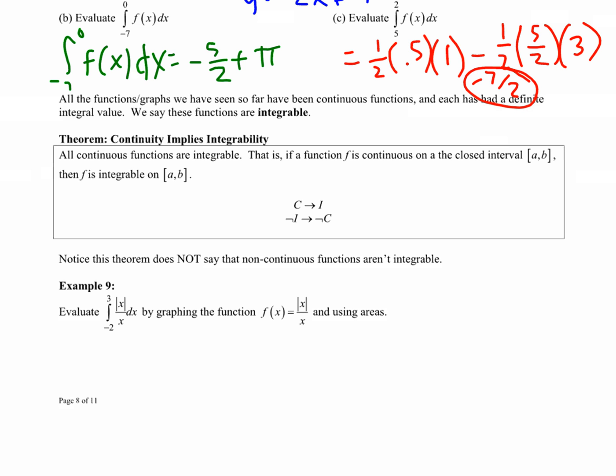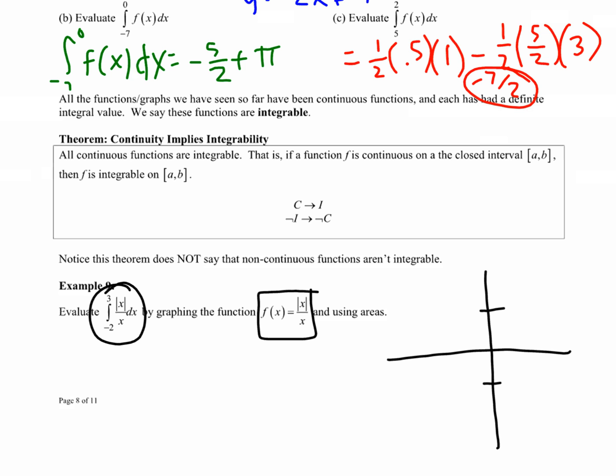All right, so look at that. Do you remember this function, senior salta? Got a nice little jump function there. It's going from negative 1 up to positive 1. There's our function. And we're going to evaluate this integral by calculating the area above and below the curve.